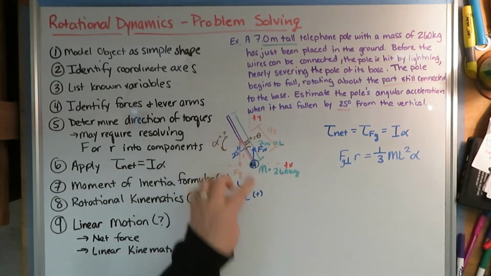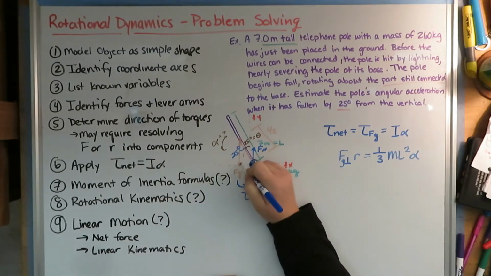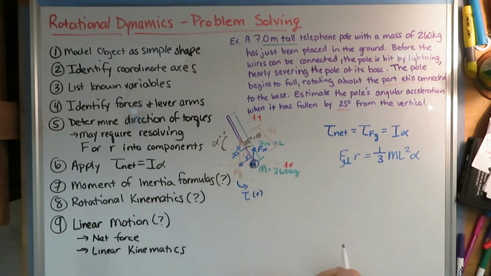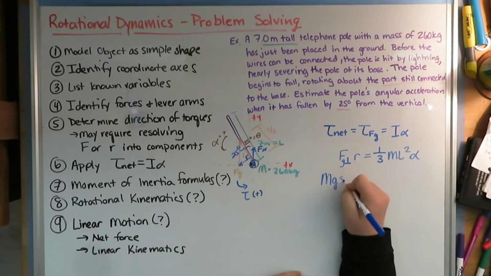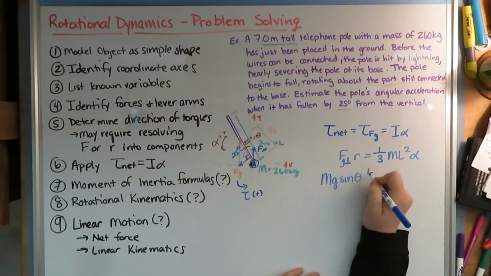So that my theta is there as well. If I wanted to find the perpendicular component of my force to my lever arm, it would be that component right there, which would be based on sine theta. So I can write that my gravitational force perpendicular is going to be mg sine theta. And then in terms of my coordinates, that's going to be at a lever arm distance of L over 2.